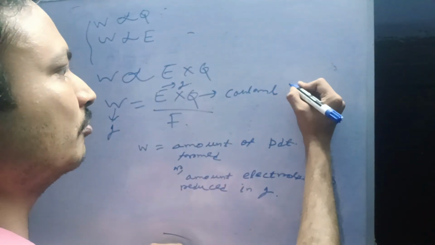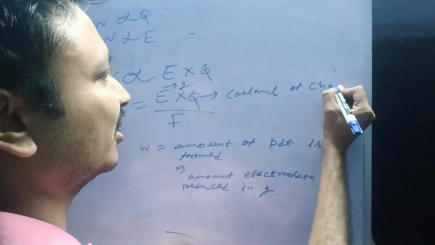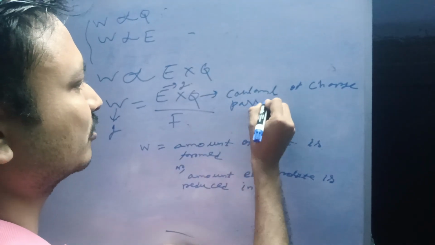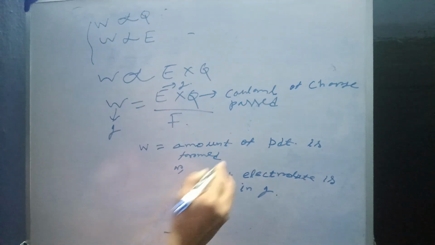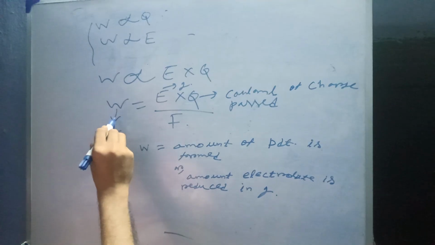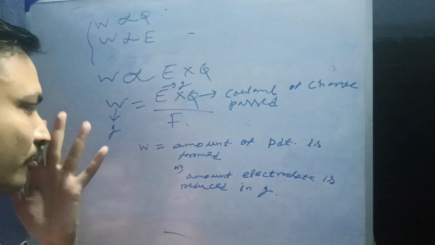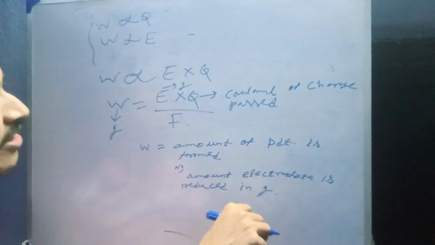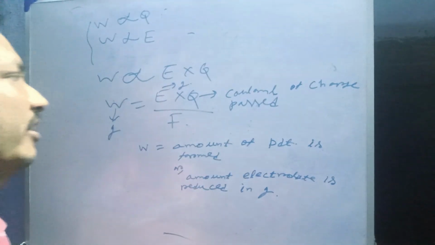Q is coulomb of charge or electricity passed through the solution. E is equivalent weight of the product. In case W is the amount of product, then E is the equivalent weight of the product, and if W is the amount of electrolyte reduced, then E is the equivalent weight of that electrolyte.